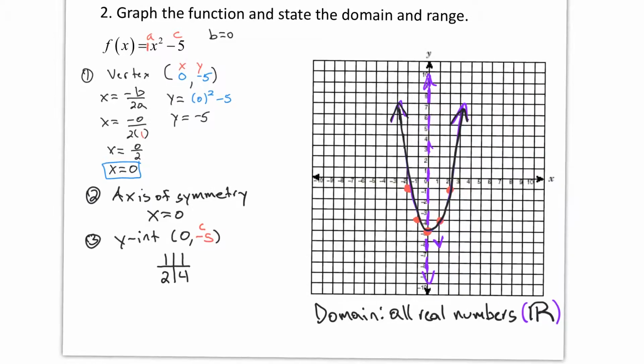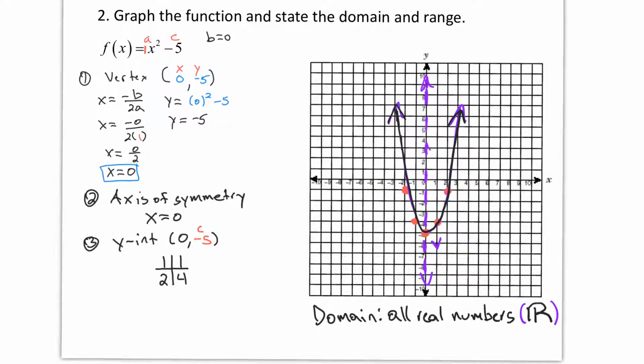So let's talk about the range. Now the range are the y values. And let me write down the range here. So we want to know range, y values. What are the y values that work for that function? So if you pay attention to the actual shape of that parabola, the vertex is at -5 on the y-axis.